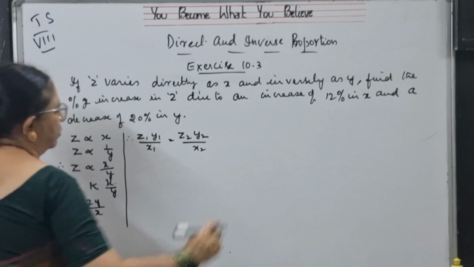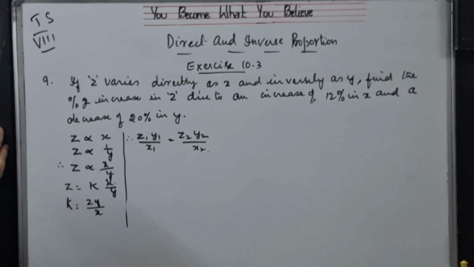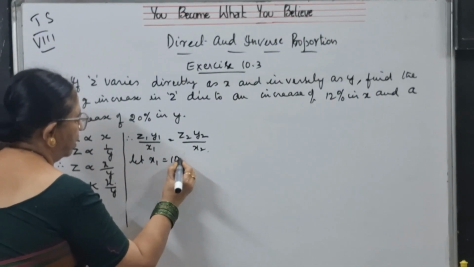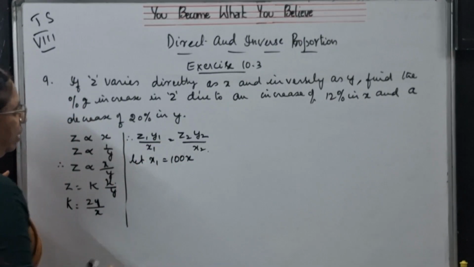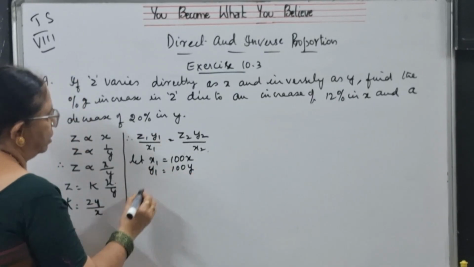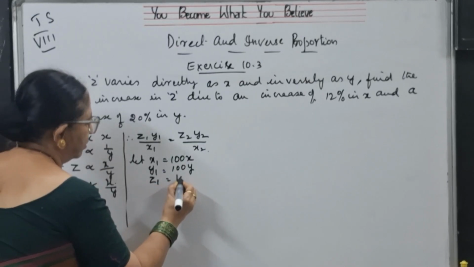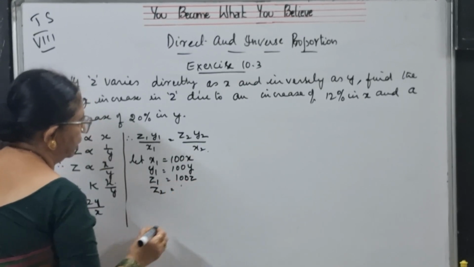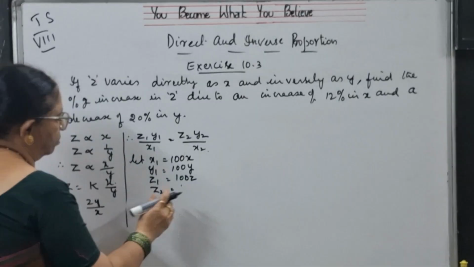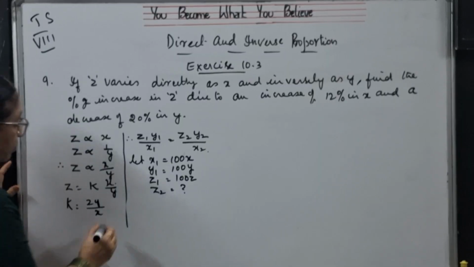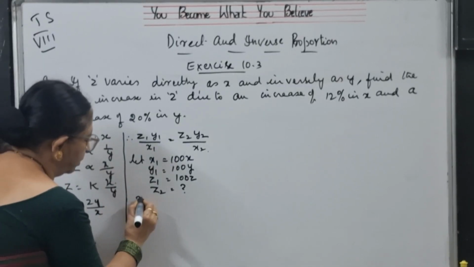Since the problem is dealing with percentage, let us suppose that x1 is 100x and y1 is 100y. Z1 is 100z. Z2 we don't know, we need to find out. But what is x2, children?